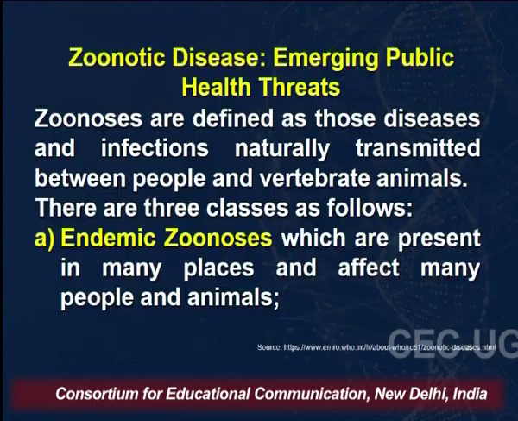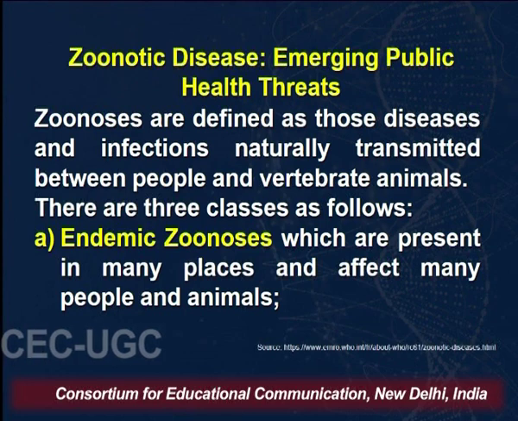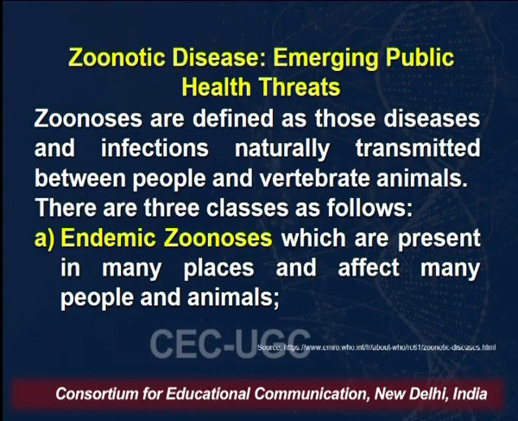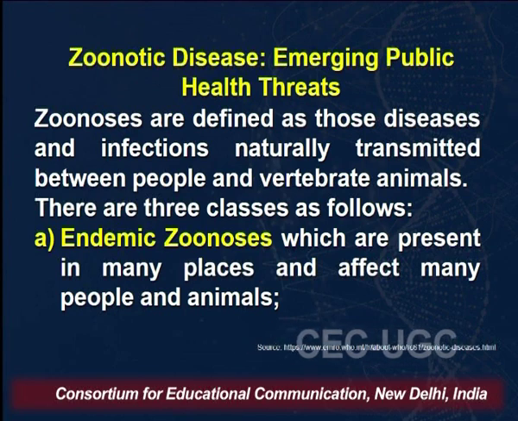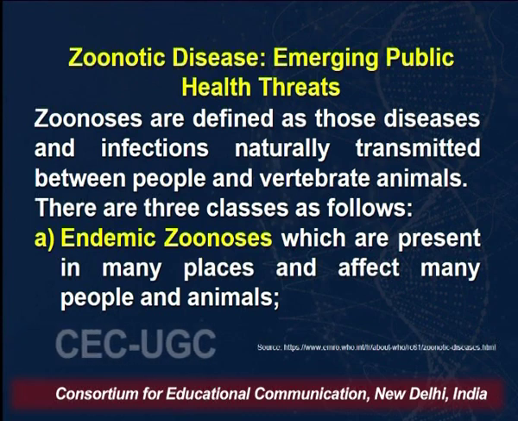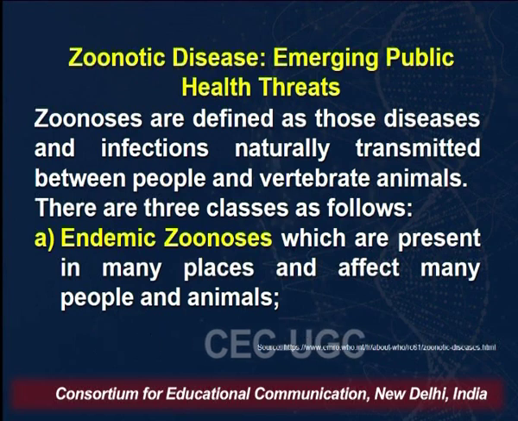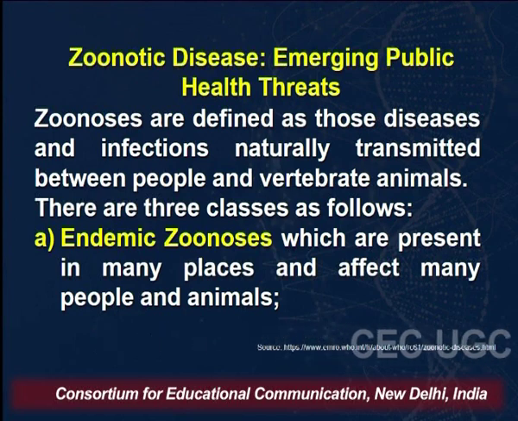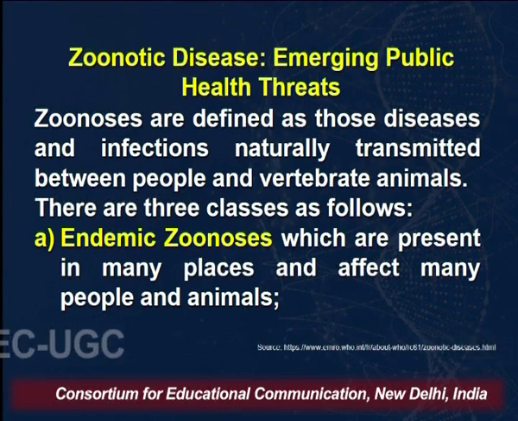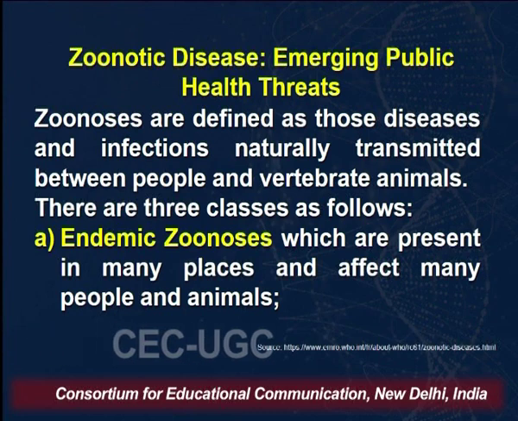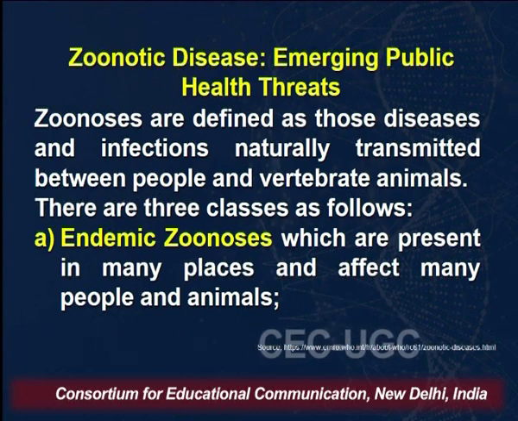Now, the zoonotic diseases or zoonoses have been divided broadly into three major classes. As we just discussed, zoonoses are defined as those diseases or infections which are naturally transmitted between people and vertebrate animals. The first class is the endemic zoonoses, which are present in many places and affect many people and animals.